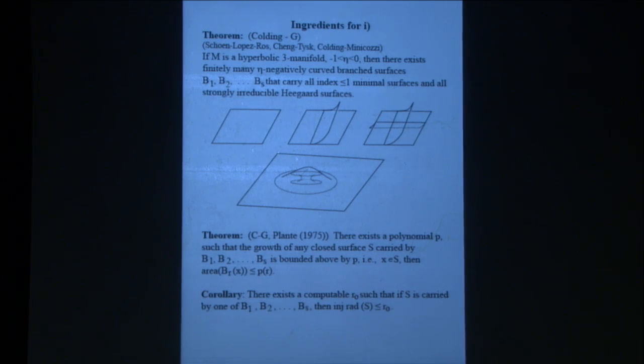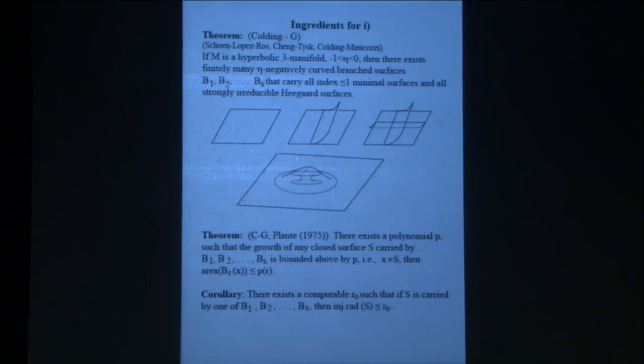And on the other hand, if you have a surface that's carried by this branch surface, or more generally in a foliation, then if you look at a little chart, actually first you should pass to a twofold cover so that the transverse normal orientation to the surface is consistent everywhere in the branch surface.